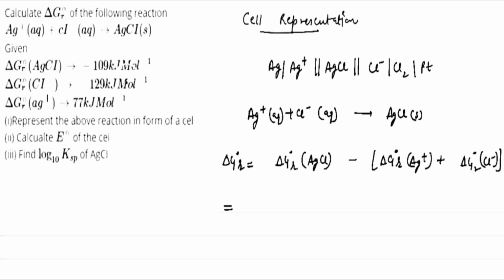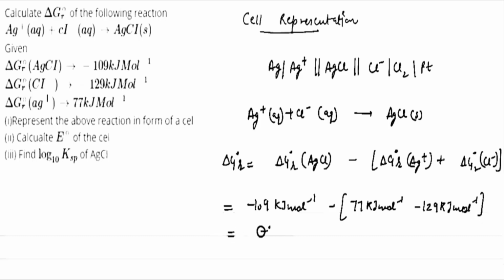For AgCl it is given minus 109 kJ per mole, minus for Ag+ it is given 77 kJ per mole, and for Cl- it is minus 129 kJ per mole.